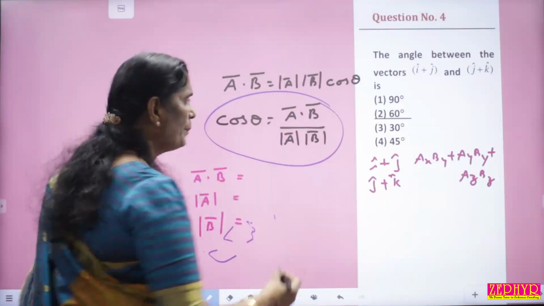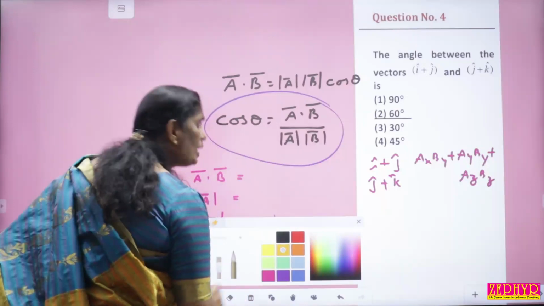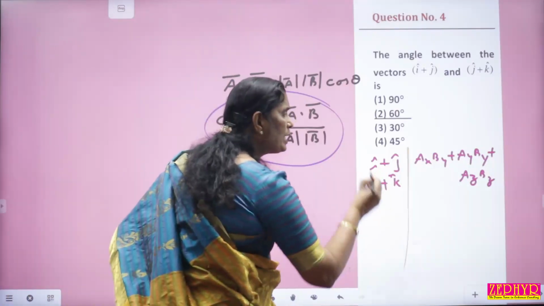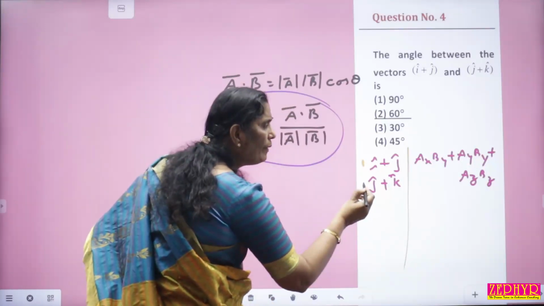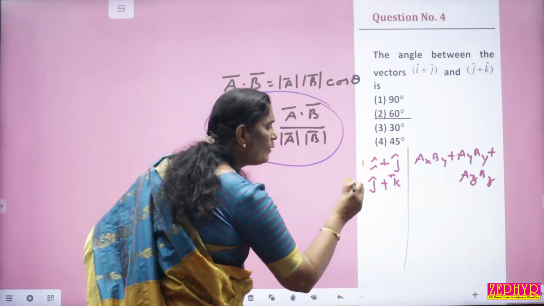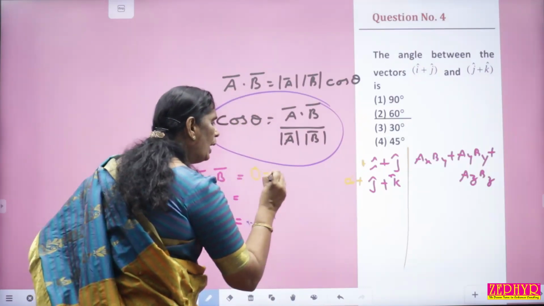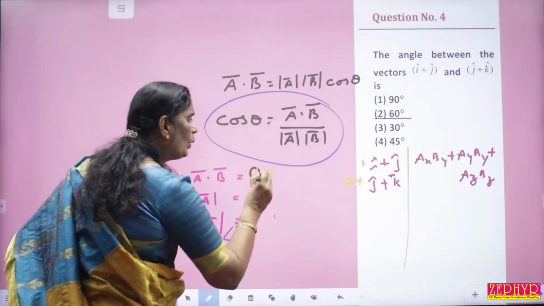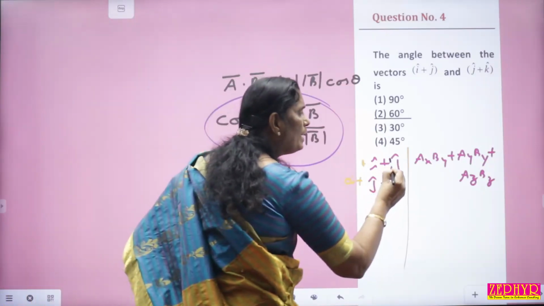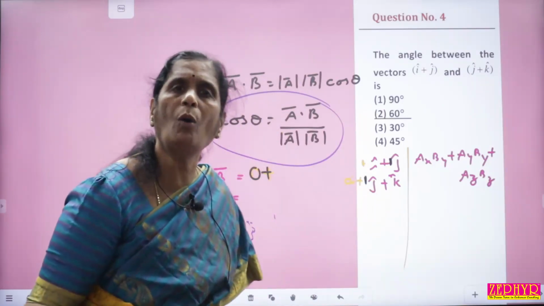Now start again. What is the coefficient of i bar here? 1. But there is no i bar in the second vector, so the coefficient of i bar is 0. So 1 into 0 is 0. Coefficient of j bar: it is there, 1.